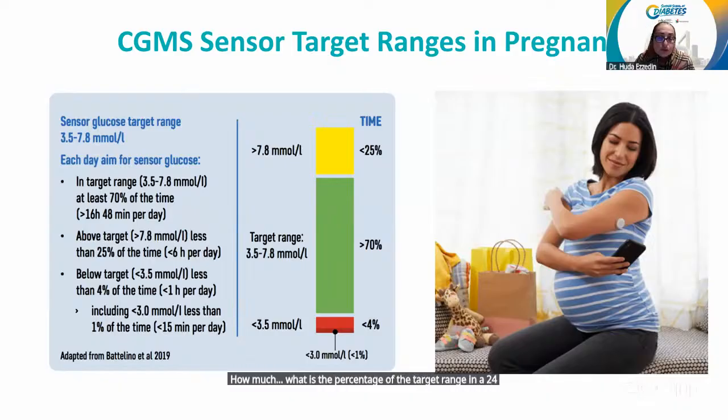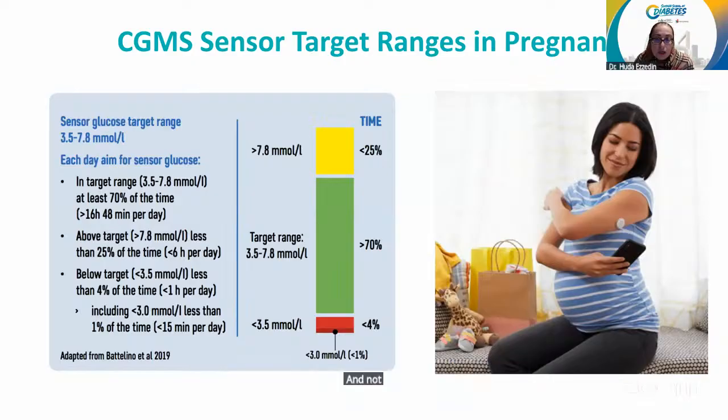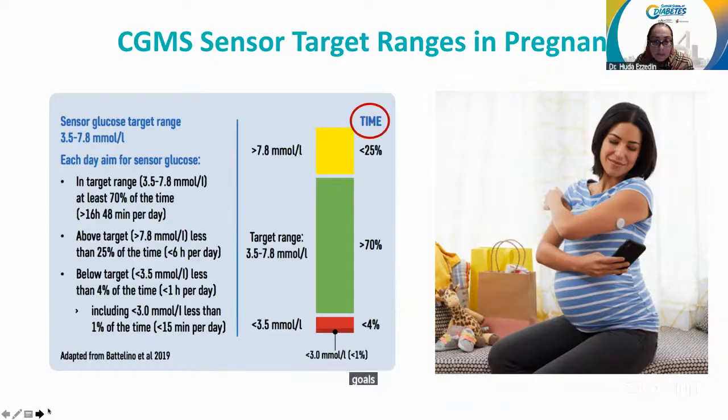We want to have the majority of her readings within the target, but definitely not less than 70%, and not more than 25% should be in the higher zone. We understand that those patients who are on the CGMS and follow these goals are probably on insulin.